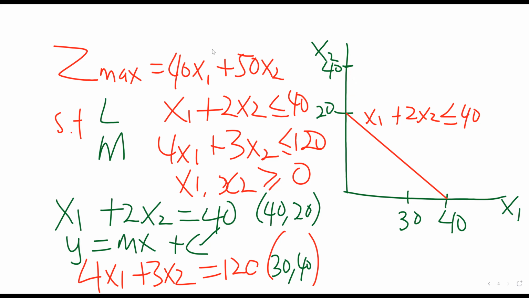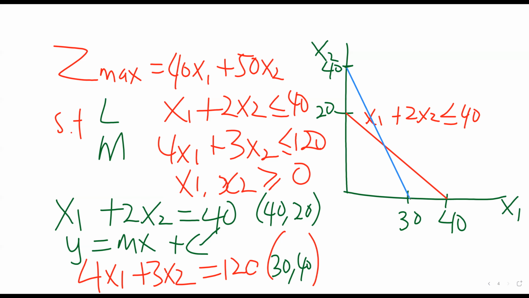Let me just go back to this. The three spaces are this one, this one, and that one. One of them is common to all of them, and that is known as the feasible solution area.